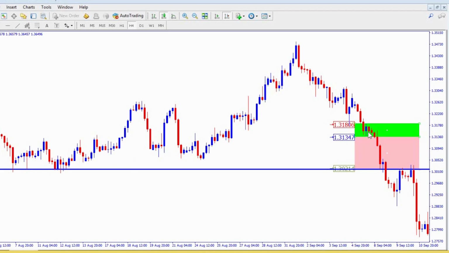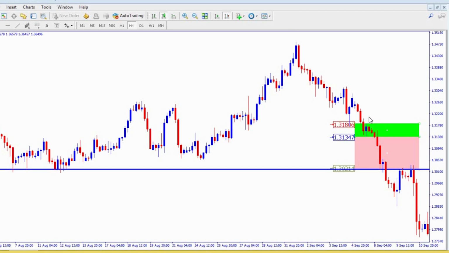So from this chart, you can see what we have here. The market is trending downward. Now, like I said, if you respect the trend, you'd enjoy it.